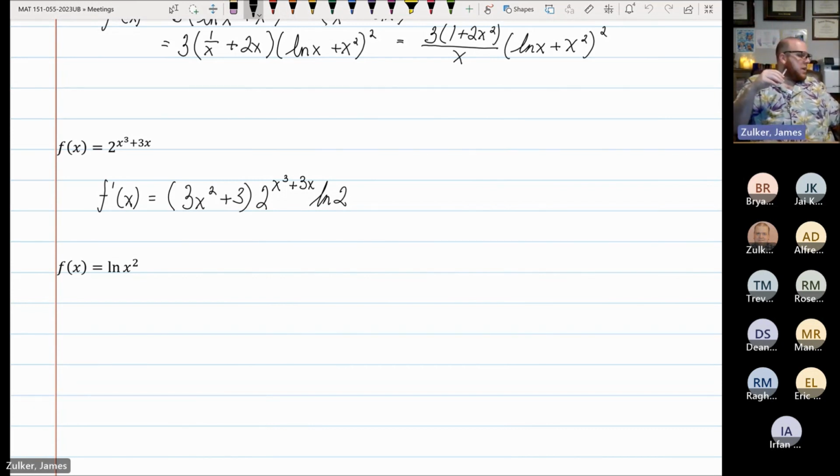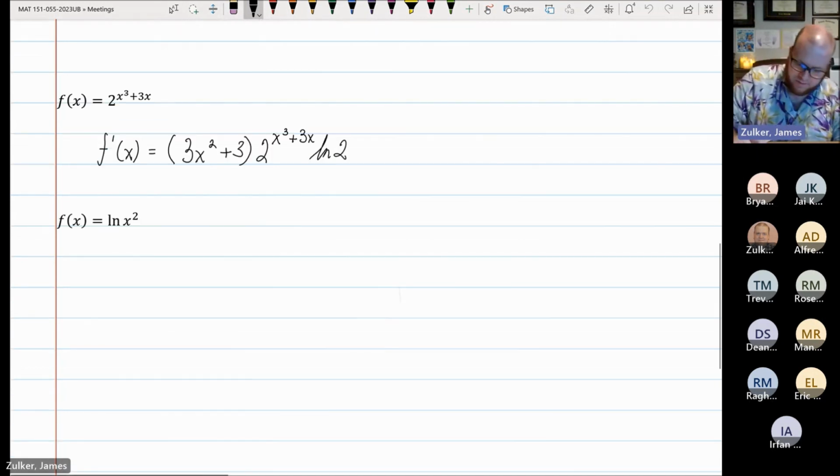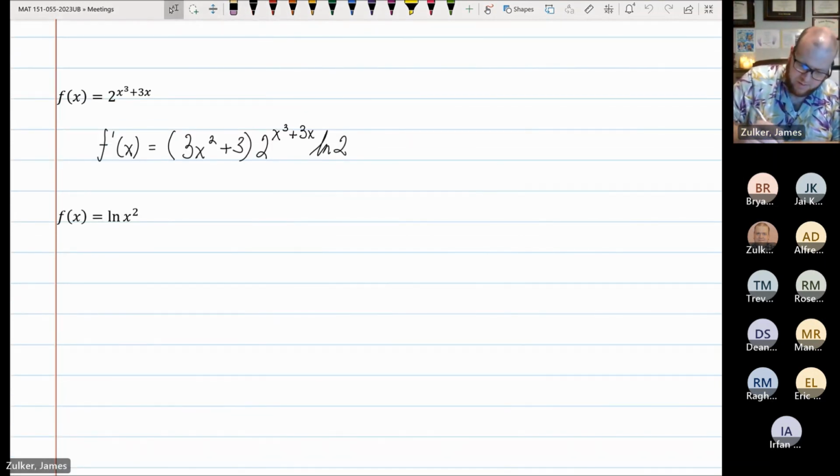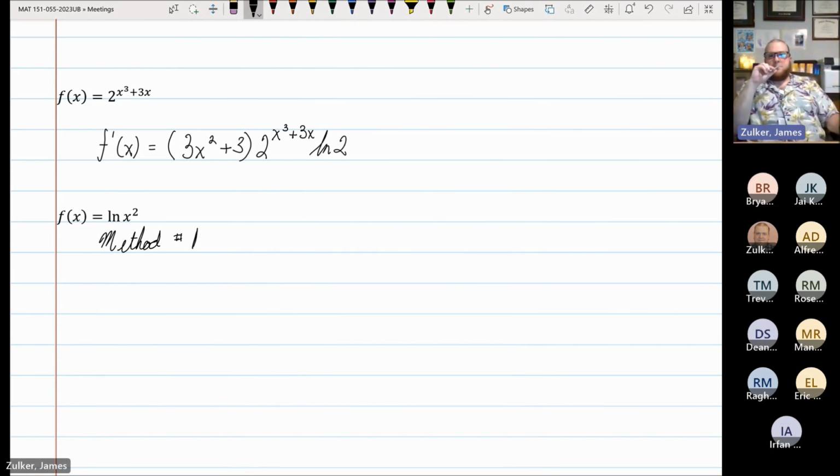Natural log of x squared. There are two methods to this.